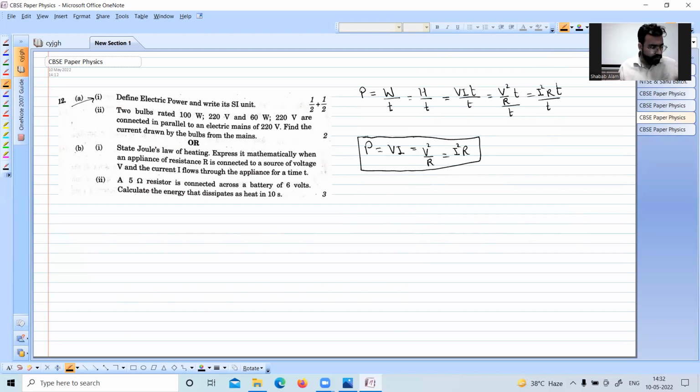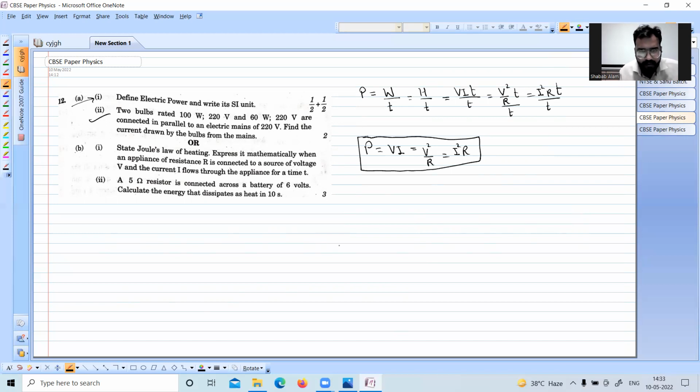Okay, so the next point is: two bulbs rated 100 watt and 220 volt, and the another bulb of 60 watt with 220 volt, are connected in parallel to an electric mains.